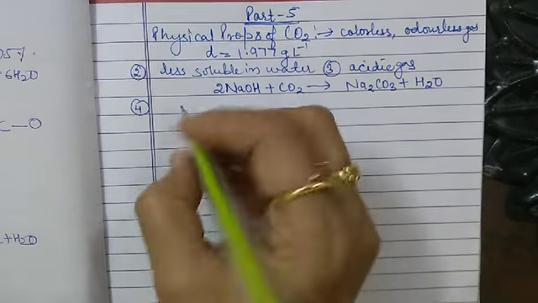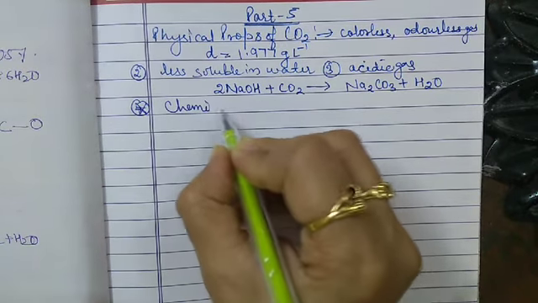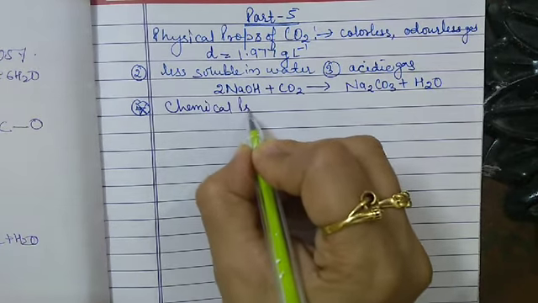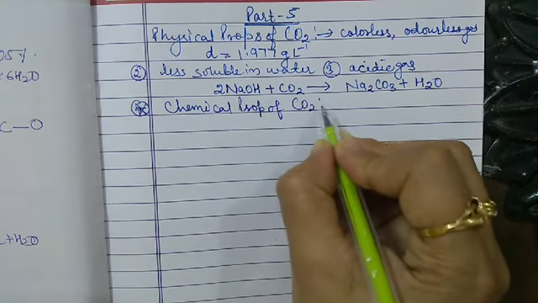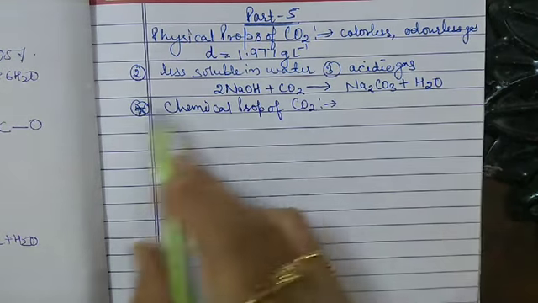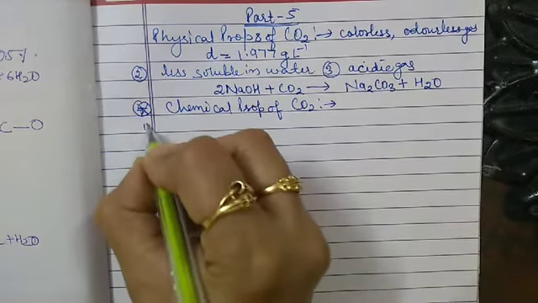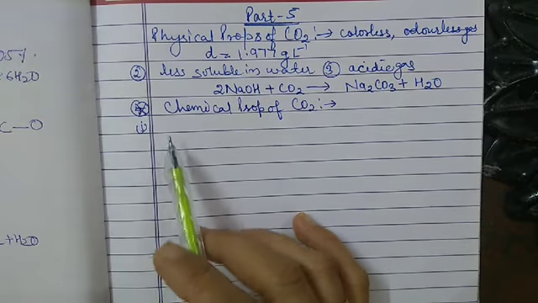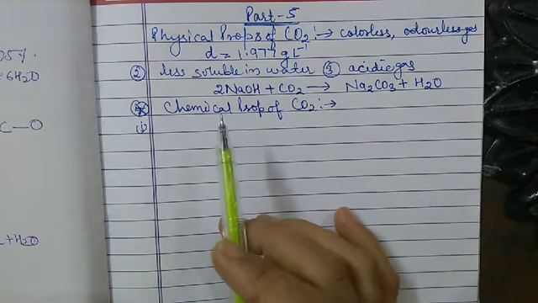Now come to the next topic, the chemical properties of carbon dioxide. The first chemical property is that it turns lime water milky.